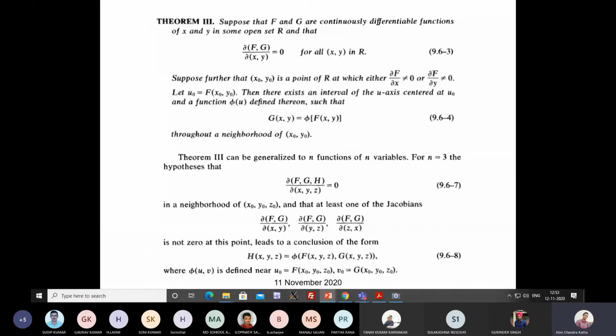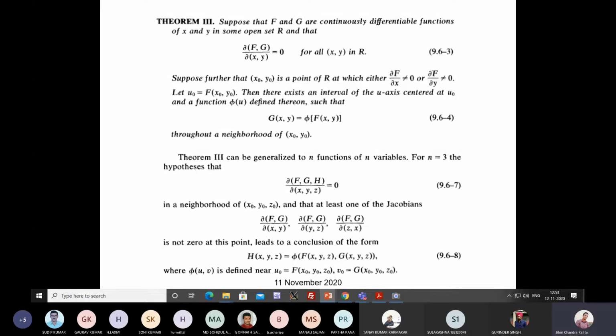Theorem 3 is good enough. Look at the second part, concerning 3 variables, the part with n equal to 3. You can start from that line. The generalization of theorem 3.